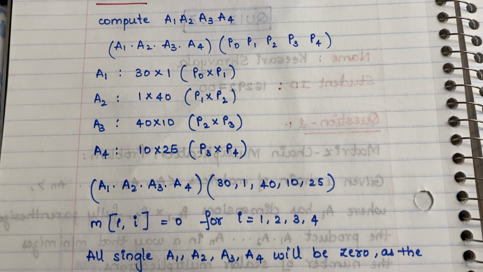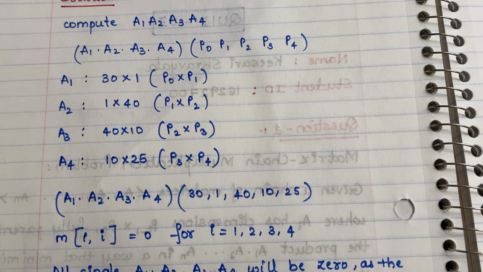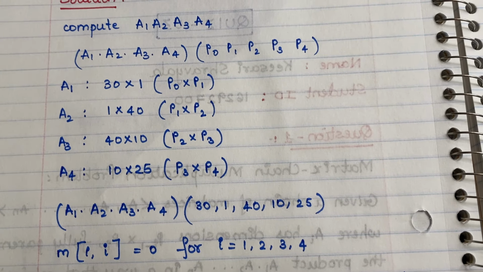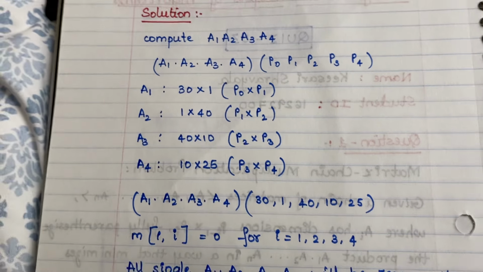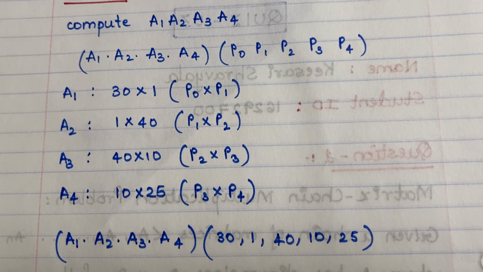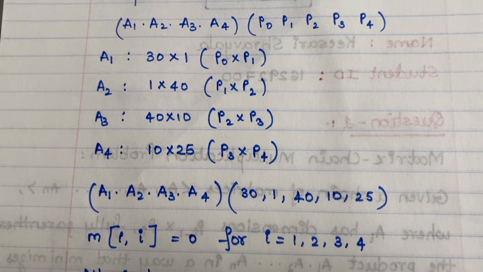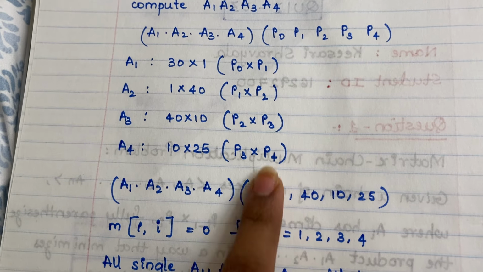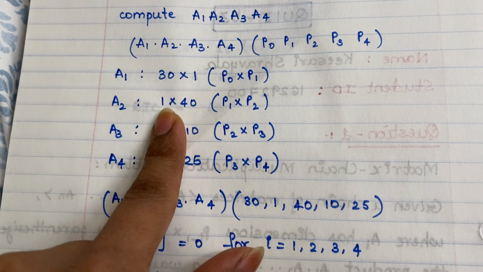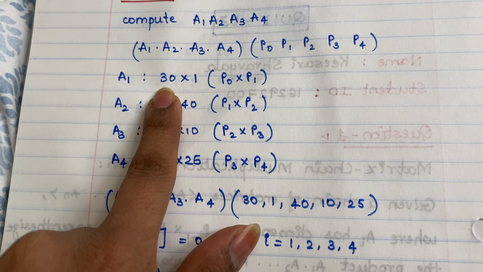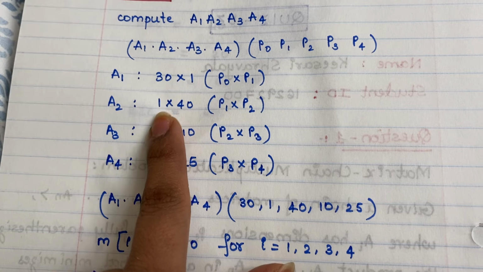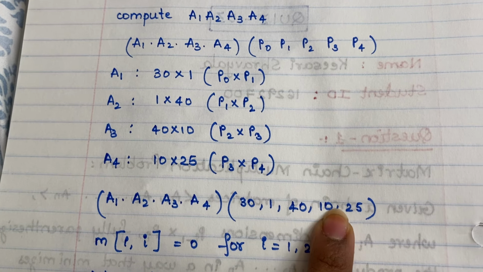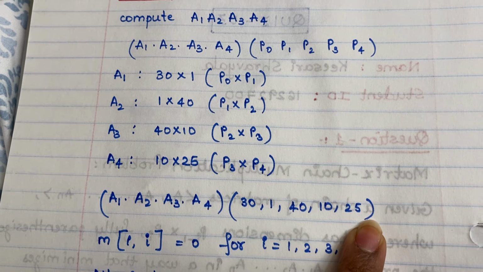For convenience, I have written those sizes in terms of P0, P1 and so on: P0 by P1, P1 by P2, P2 by P3, P3 by P4. Instead of giving these repeated values, they can be eliminated. So P0 is 30, P1 is 1, P2 is 40, P3 is 10, and P4 is 25.